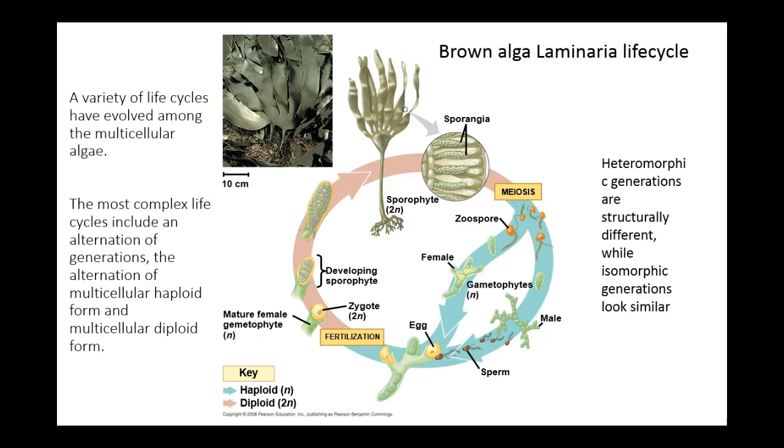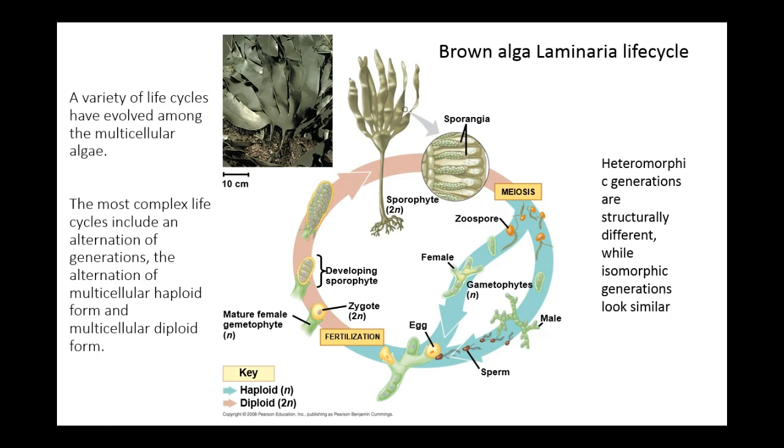They then, by meiosis, create spores. The spores are all the same, but they differentiate into female and male gametophytes. Female and male gametophytes actually can be multicellular and have a lifespan.